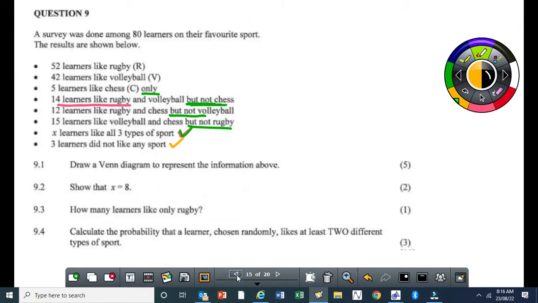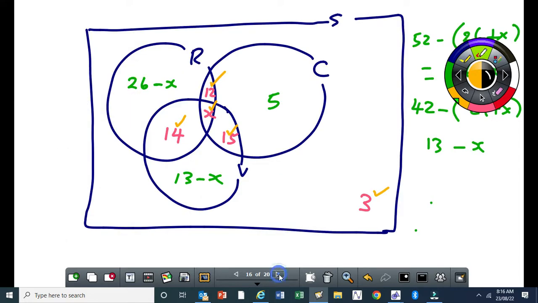So we are told here that 5 learners like chess only. So those 5, we will put them there. They play chess. They don't play rugby. They don't play volleyball. Now we need to determine how many play rugby only and those who play volleyball only.